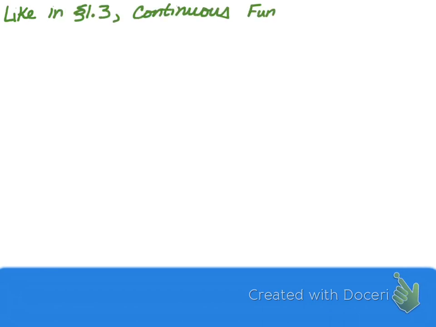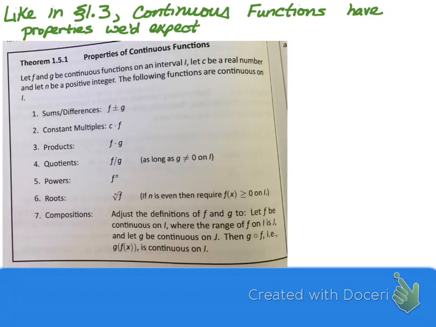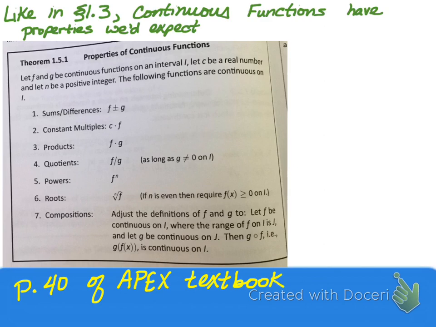Like in section 1.3 when we talked about limits behaving nicely, continuous functions also have the properties that we would expect. Here is a picture from page 40 in our textbook, Apex. If you add two continuous functions, the sum is a continuous function. If you multiply a continuous function by a constant, we're still continuous. If you multiply continuous functions, we're still continuous.